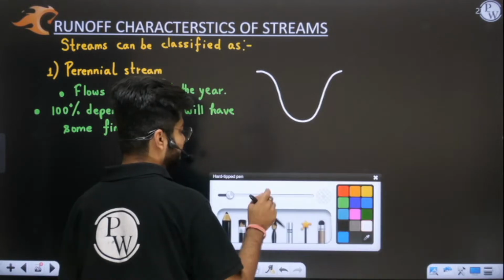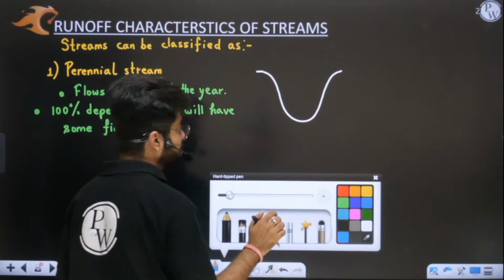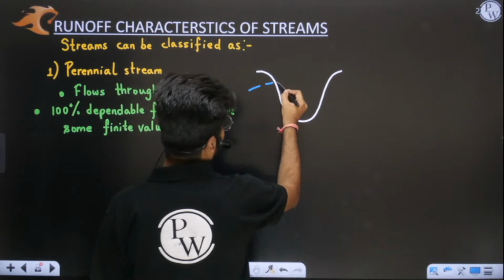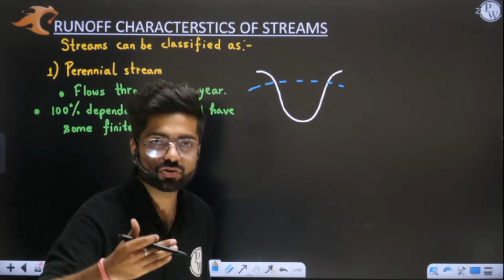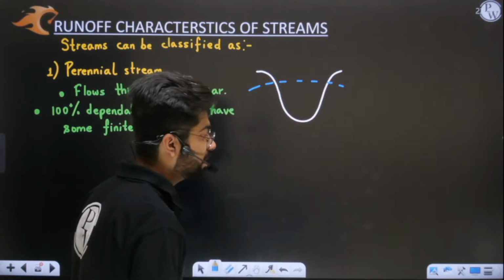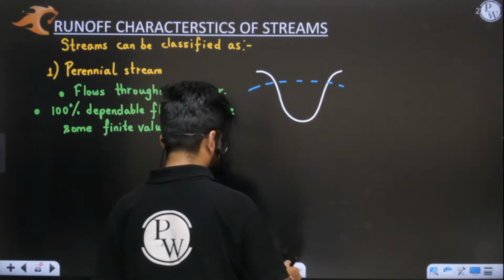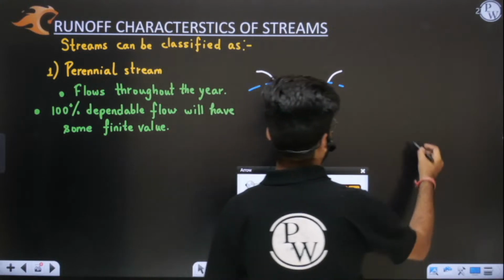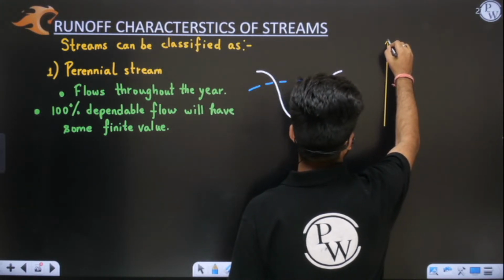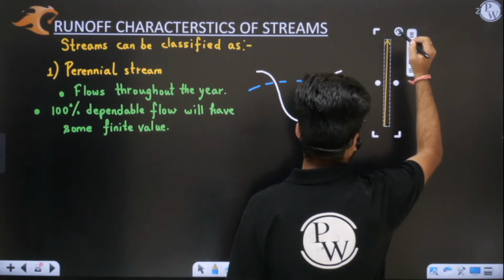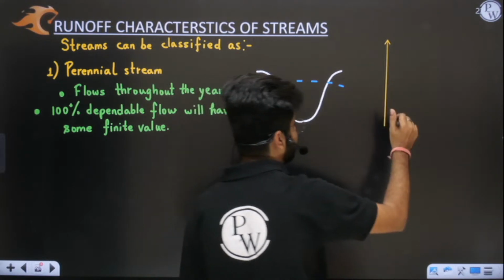In a perennial stream, the level of water will be more in the monsoon season. Obviously, in the monsoon season the level of water is more. So I will write here monsoon. Let me also draw a hydrograph for your perennial stream. I will make sure this hydrograph has water throughout the year.